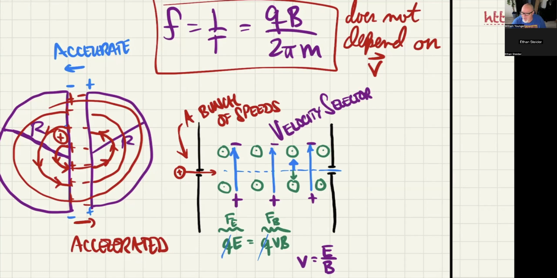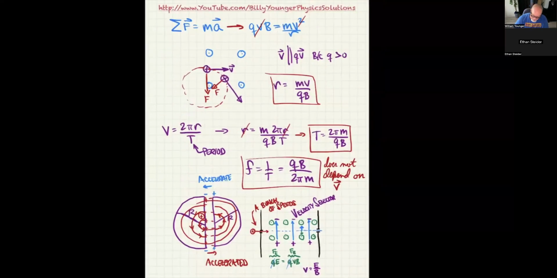It'll automatically work out to the right units. Then you make your electric field and your magnetic field match those values, make sure they're in this direction, and set up this little slit. The only things that get through are particles that have exactly that velocity. So that's another neat, helpful thing.